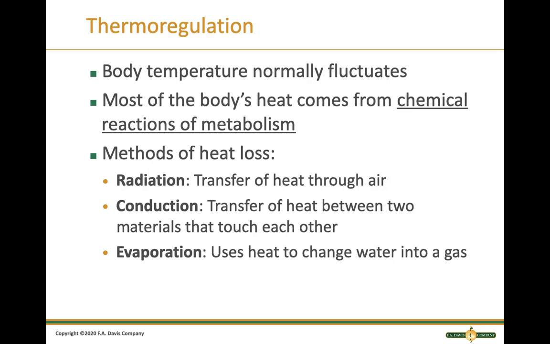So if we touch something cold, such as our clothes, we lose heat that way. This is the reason why if you sit in a chair that somebody was sitting in, it's usually warm, because they lose heat to the chair. And then evaporation uses heat to change water into a gas, so that's like when we're sweating. That's a good way to cool the body because it takes a lot of heat to change that water into a gas.